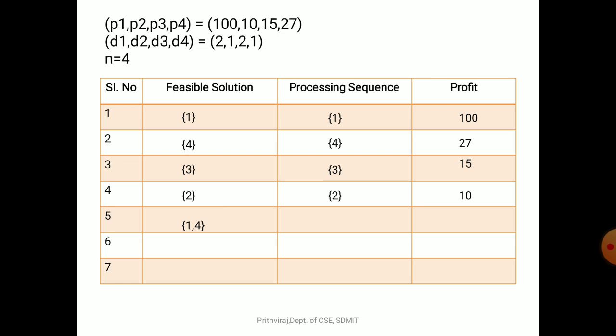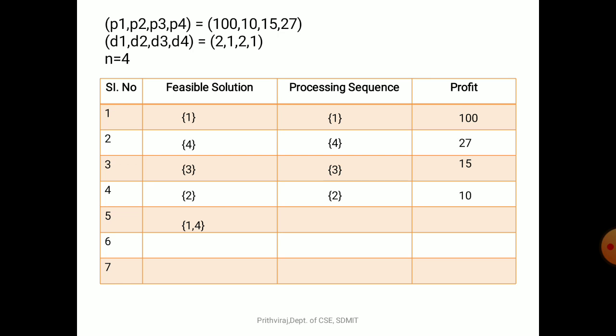Is it okay if I consider the processing sequence as 1, 4? If I complete the first job and then go for the fourth job, the fourth job's time will already be over, because its deadline is only 1.